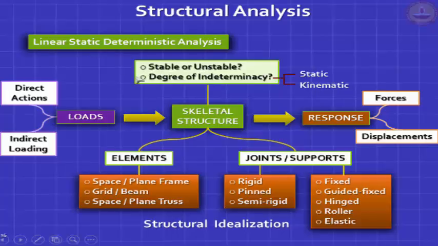Then you have to see whether the problem is linear or non-linear, whether it's static or dynamic, whether it's deterministic or probabilistic. So if you're a real ustad in structural analysis, which I hope some of you will be when you specialize in this domain, you should be able to do non-linear, dynamic, probabilistic analysis. That's at a research level.